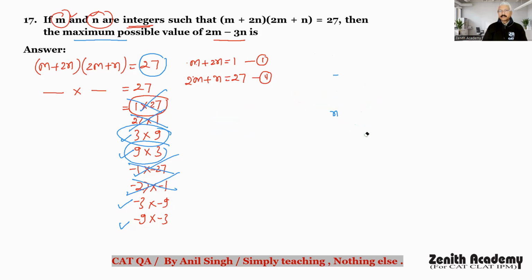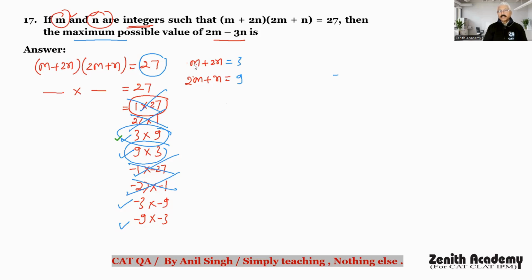First, taking 3 and 9. Suppose m plus 2n is 3 and 2m plus n is 9.